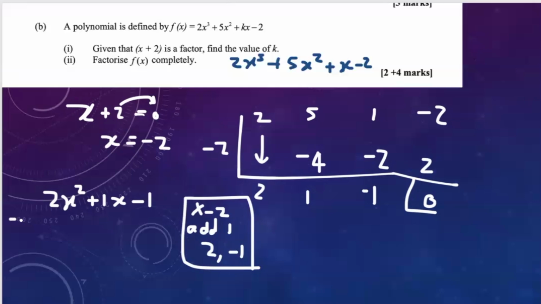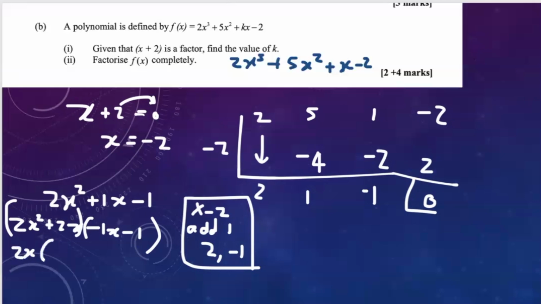So my center I replace, so I have 2x squared plus 2x minus 1x, take away 1. So group. What can we factor out? We can factor out 2x.